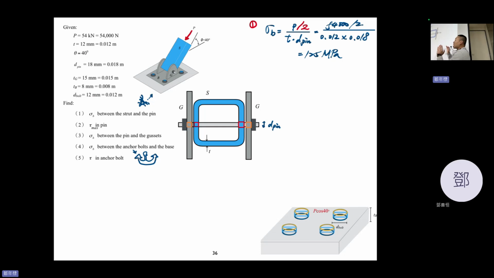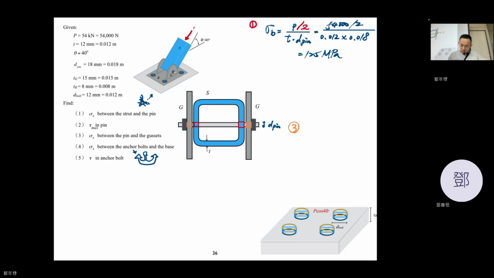After the pin stops the strut, the pin still needs to go toward you, so the G here will stop it. So this should be problem 3, because problem 3 asks for sigma B between the pin and gusset.